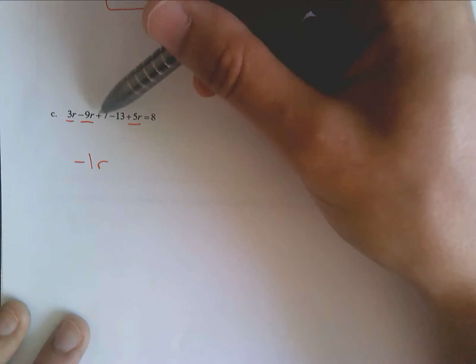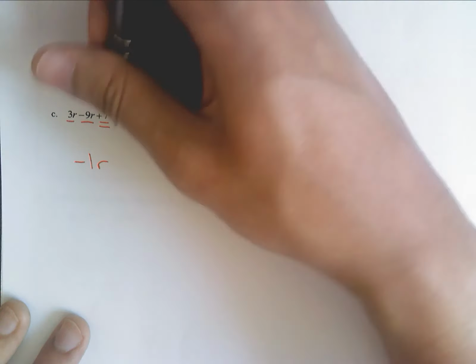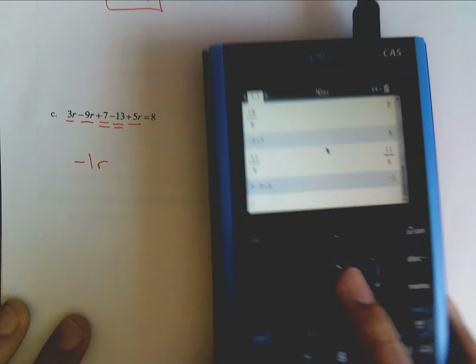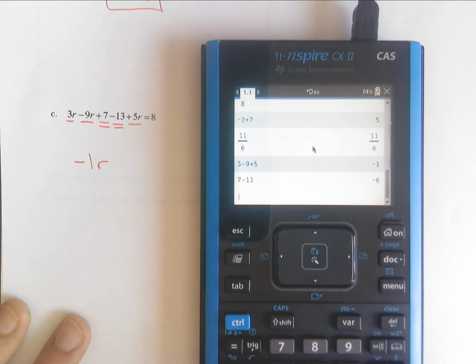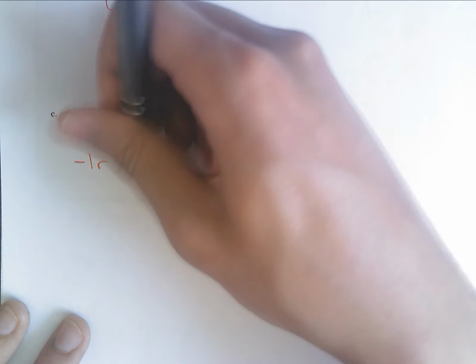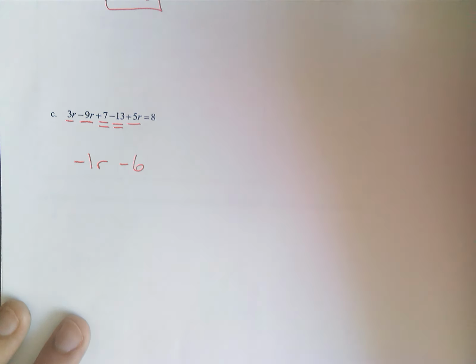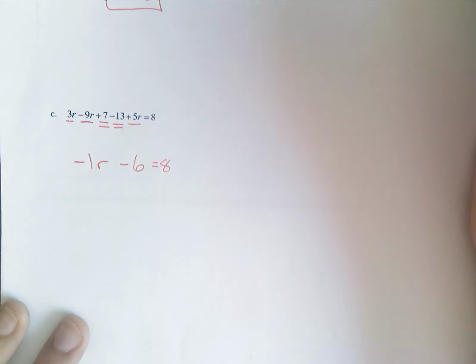And then for the numbers, we have plus 7 and a minus 13. Well, 7 minus 13, let's see what that is. 7 minus 13 is negative 6 or minus 6. So minus 6 here. And then we bring down the equals 8. Okay.